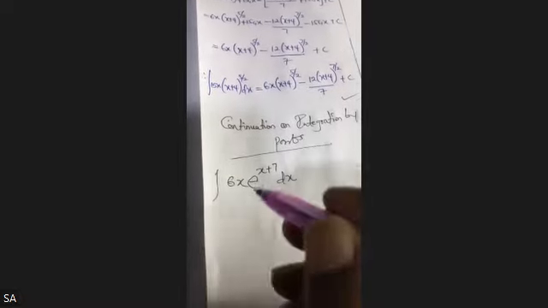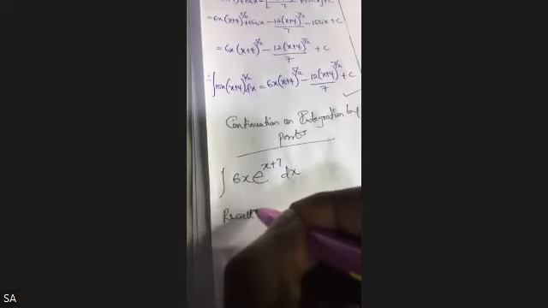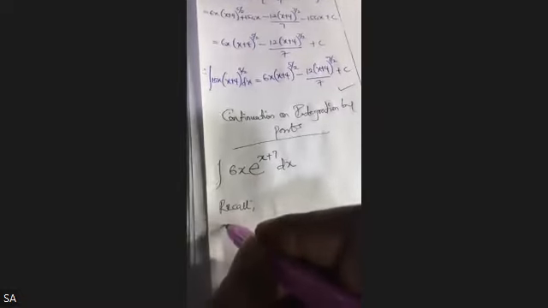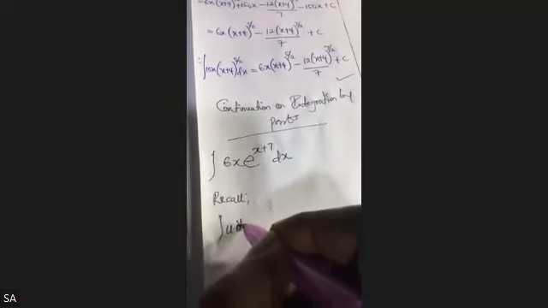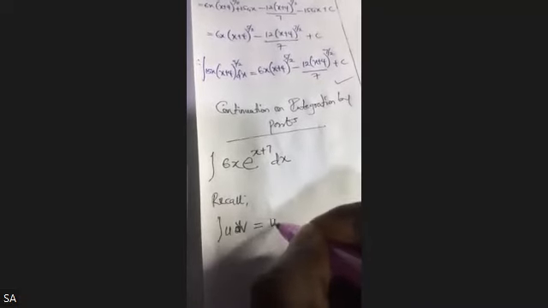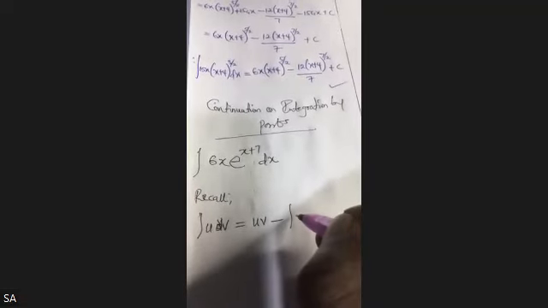The first one is the formula. I want to break down the formula and reduce it. Recall, the integral of u dv equals uv minus the integral of v du. So I've been able to reduce the formula.